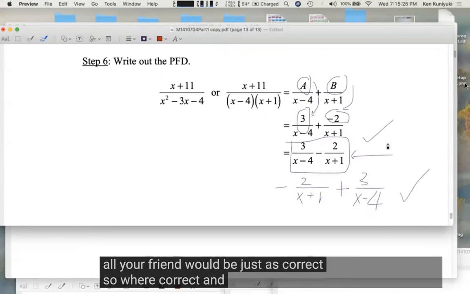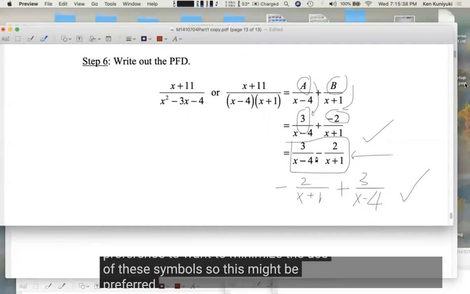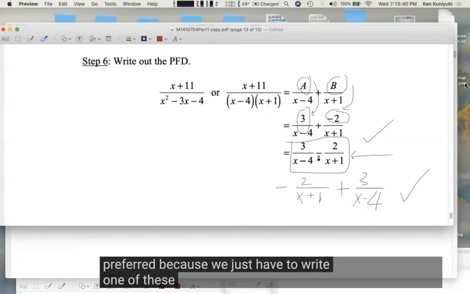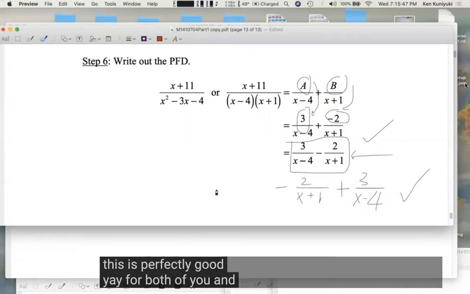So we're correct and our friend is correct, assuming you've shown appropriate work. These are both perfectly good. There might be a slight preference to minimize the use of these symbols. So this might be preferred because we just have to write one of these minus signs here, but I say this is perfectly good. Yay for both of you.